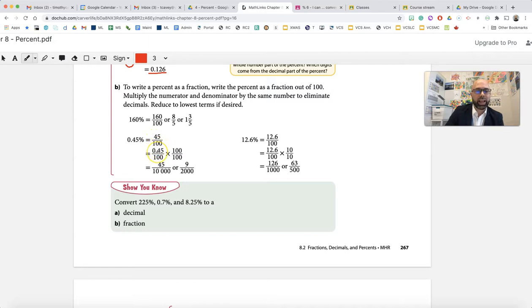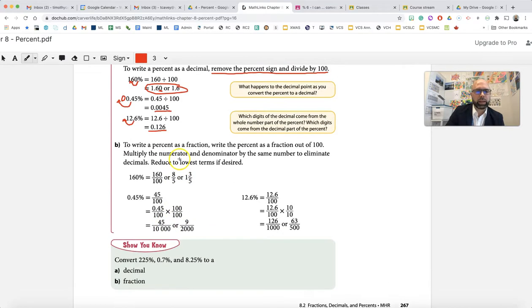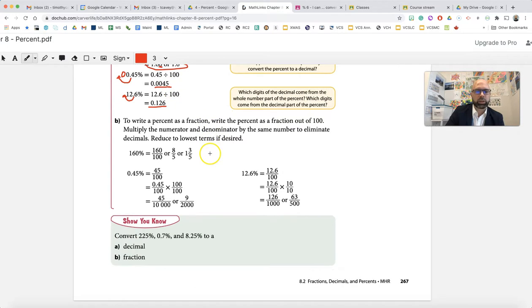And then we're writing that as a... I'm not following their work very well here. This is where we want to end up: 45 over, I would go back here. We're basically writing this as a fraction over 10,000. Oh, I see what they're trying to do. They're trying to keep to the rule of a fraction out of 100. So you've got 0.45 over 100, which is the same as 45 over 10,000.